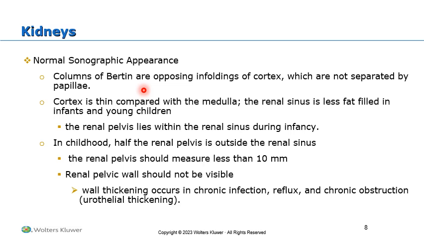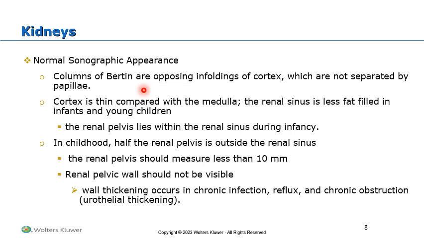The renal sinus is less fat-filled in infants and young children because they haven't had the time to build up that fat there yet. And so we might see a more prominent renal pelvis during infancy than we would see in our adult. Now, in childhood, usually about half of that renal pelvis is located outside the renal sinus.